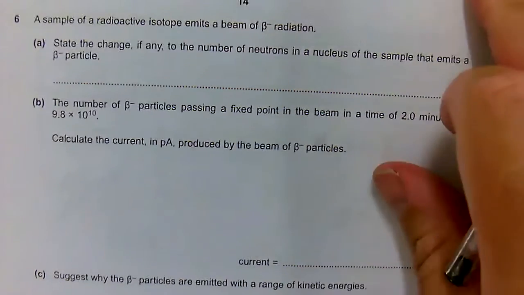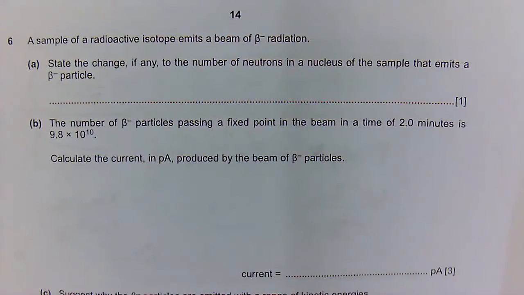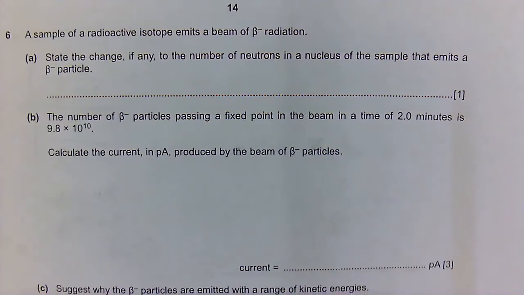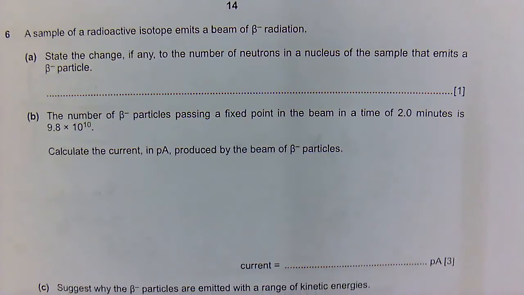So, last but not least, and then we'll wrap this up. You've got a sample of radioactive isotope that emits beta minus radiation. So you need to be in nuclear physics mode, if you like. It then asks to state the change, if any, to the number of neutrons in the nucleus of the sample that emits a beta minus.